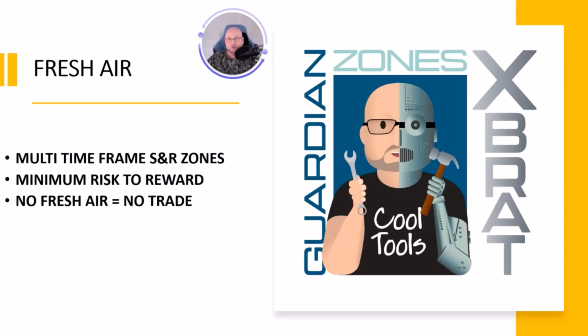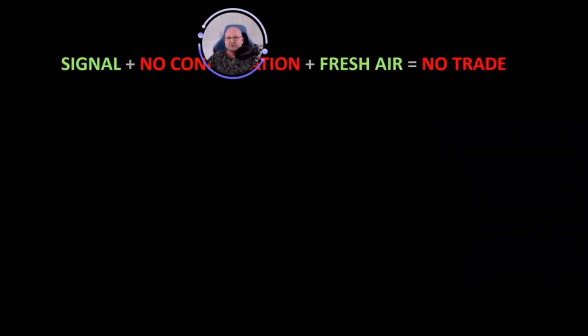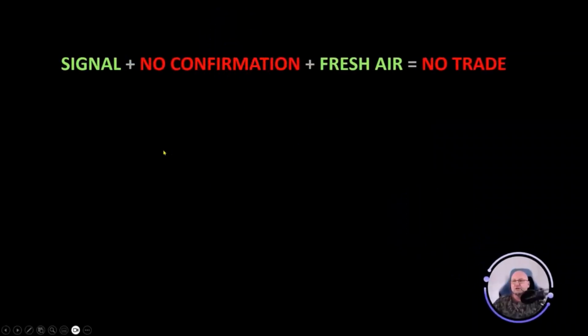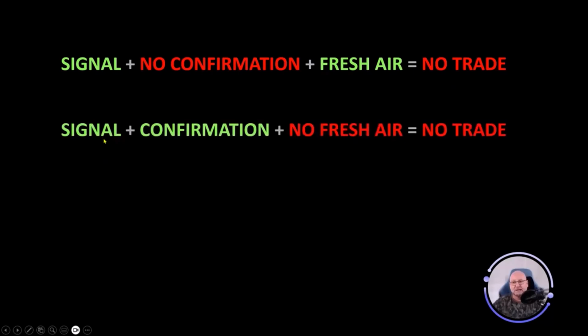Very, very simple process. So let's look at these. We get a signal, but no confirmation, but we get some fresh air. That still equals no trade. We get a signal, we get confirmation, but we get no fresh air. It still equals no trade. You've got to follow the process and the rules.